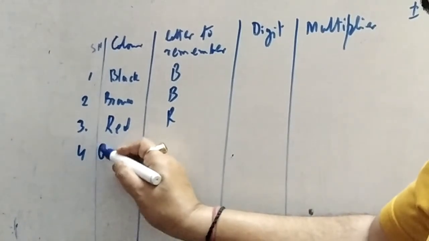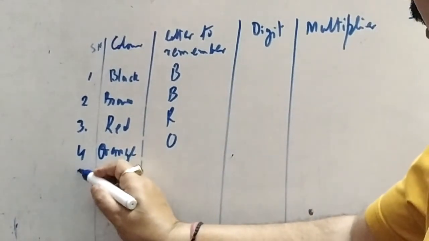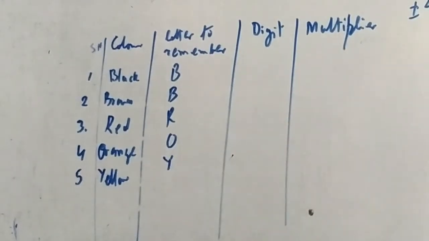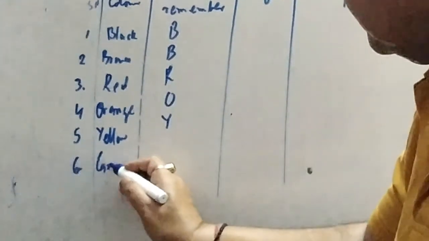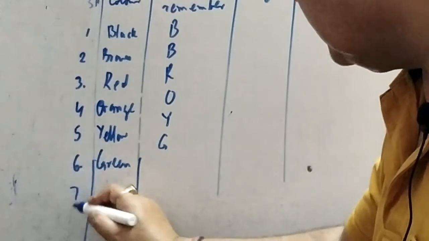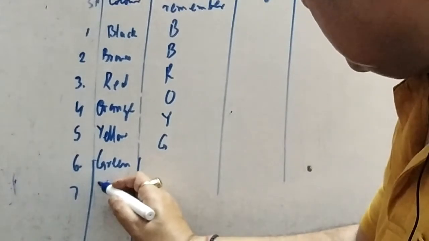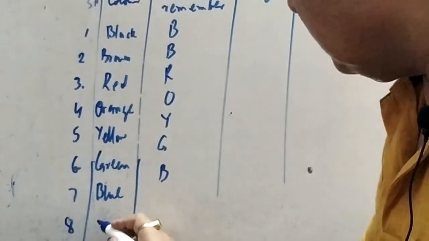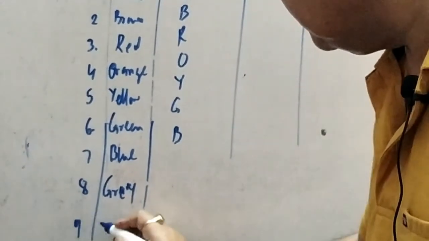Fourth is orange, and the letter to remember is O. Then fifth is yellow, and the letter to remember is Y. Sixth is green, which is just G. Then seventh is blue, and this letter is again B. Eighth is gray, and the ninth is white.